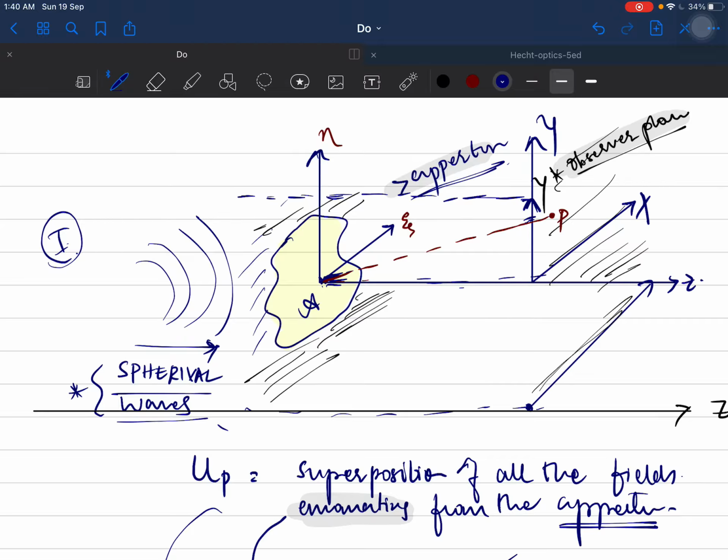This is the basic thing, and R is the distance from there to there.